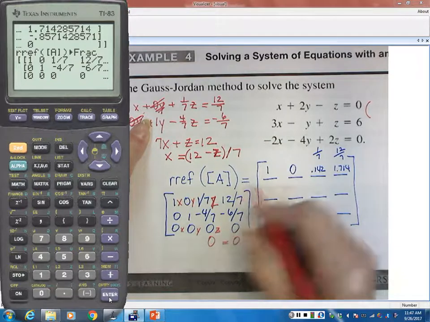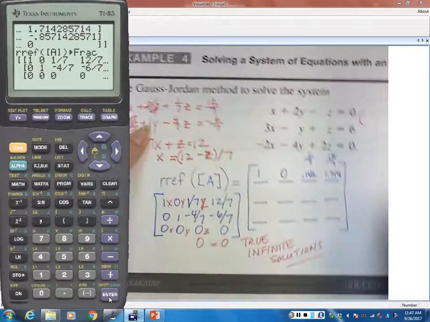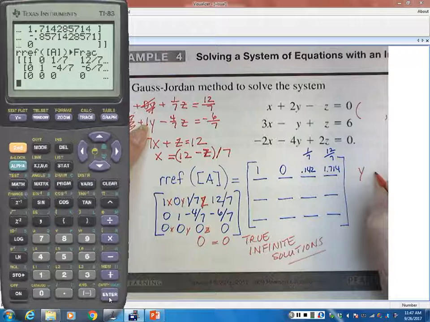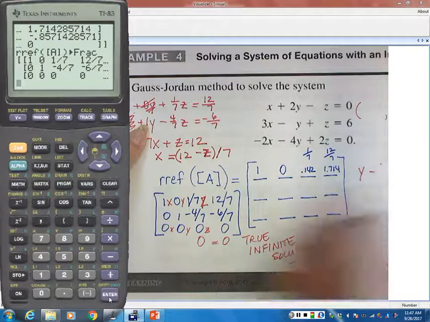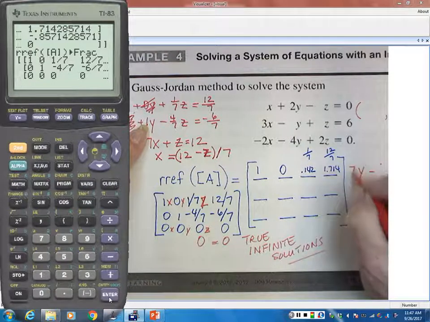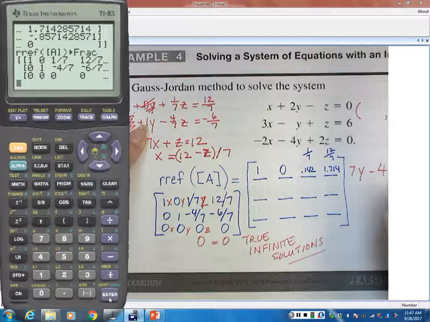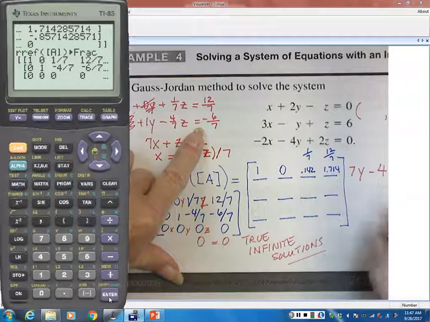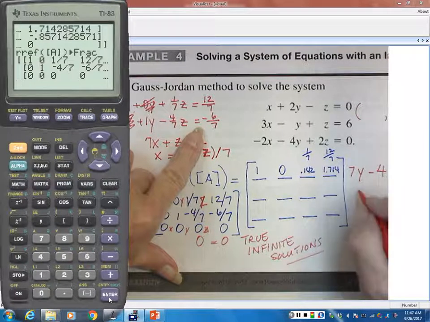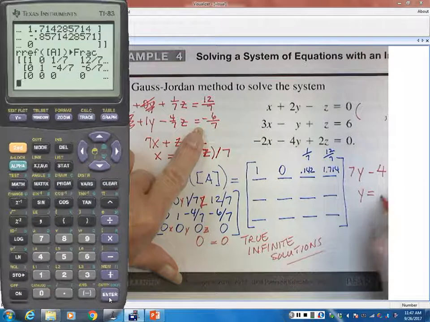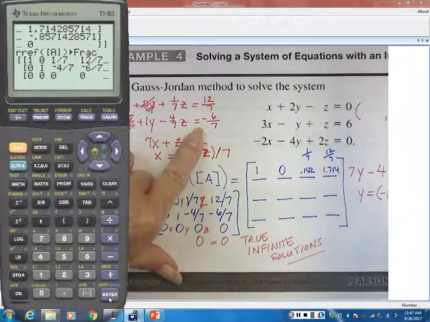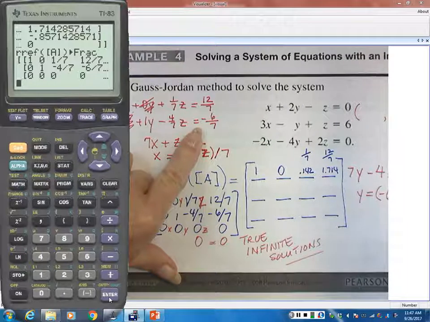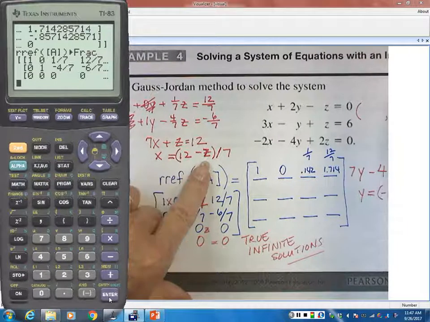Then you do the same thing with this one. y minus 4/7 z. Well, if I multiply through by 7, that's 7y minus 4z is equal to -6. So if I solve this one for y, that's -6 plus 4z divided by 7. And if you want to write it as a fraction, that actually looks better.